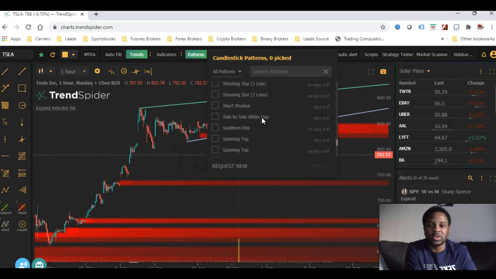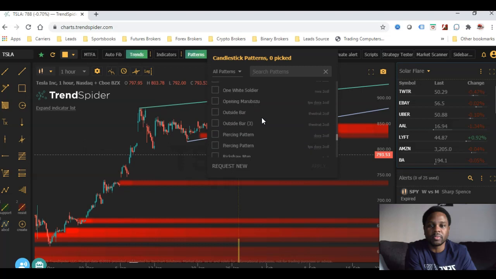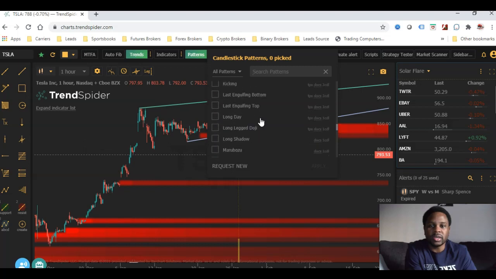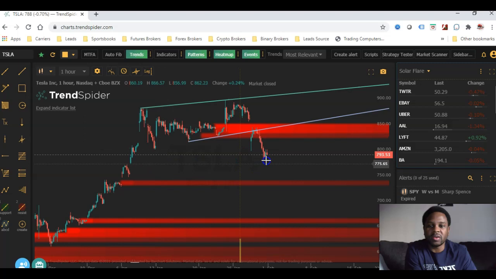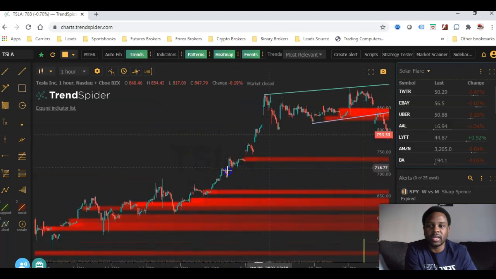Let me show you an example here. Let's just say an evening doji star. I want to search for evening doji stars, and it'll go ahead and highlight it on your screen if any of those apply.